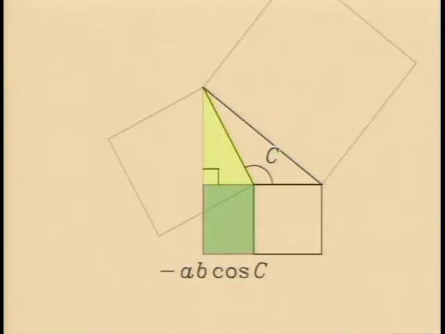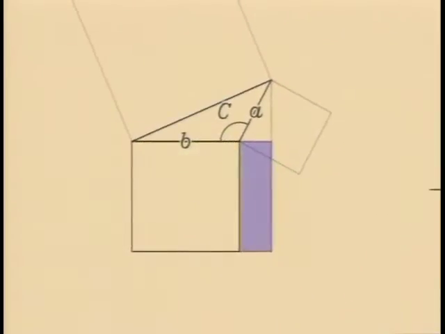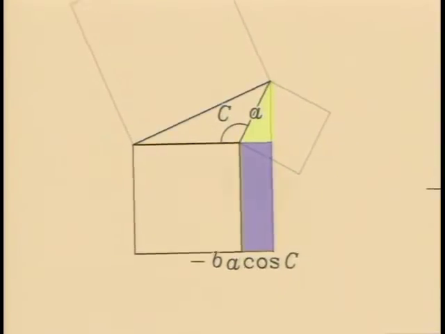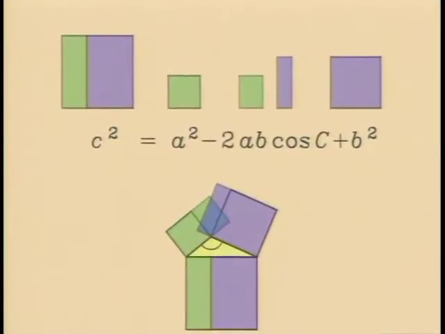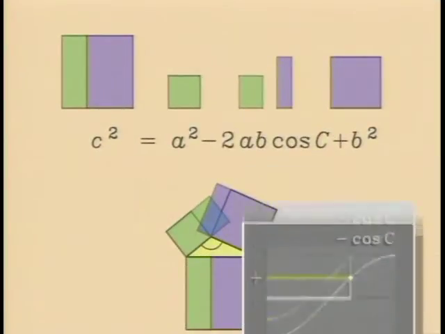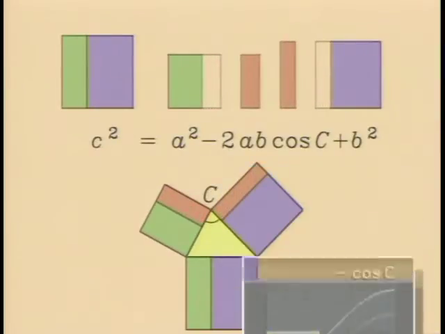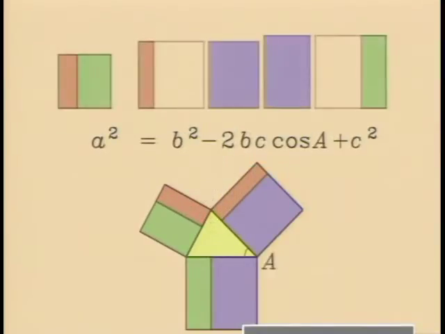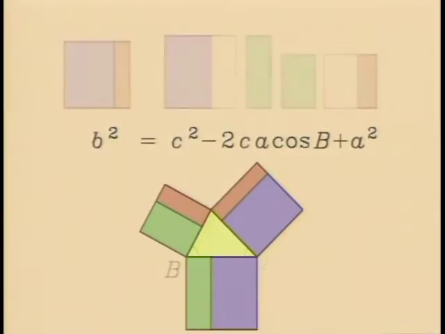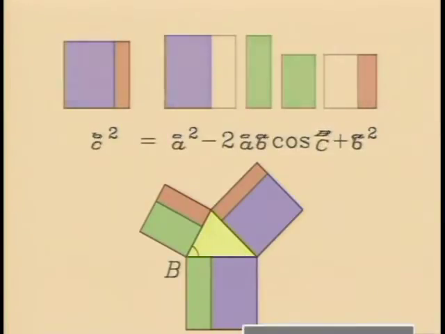So the area of the green rectangle is the negative of AB cosine C, which is a positive number. That's also the area of the blue rectangle. And we end up with the same formula as before. And the cosine, positive or negative, tells us whether to subtract or add areas. Finally, there's a corresponding formula for each of the other two sides.